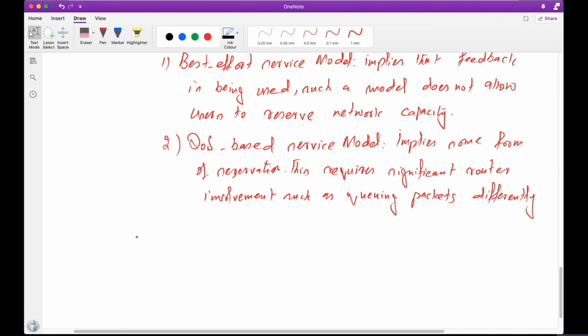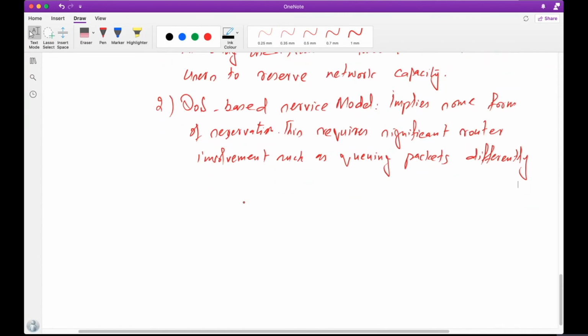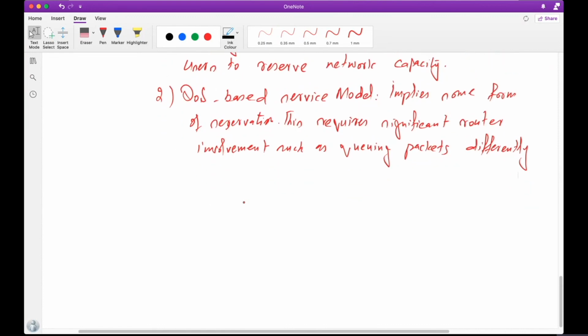So we would probably be more interested in this quality of service based model when discussing the different resource allocation mechanisms.